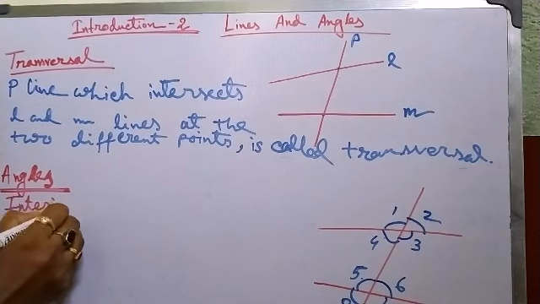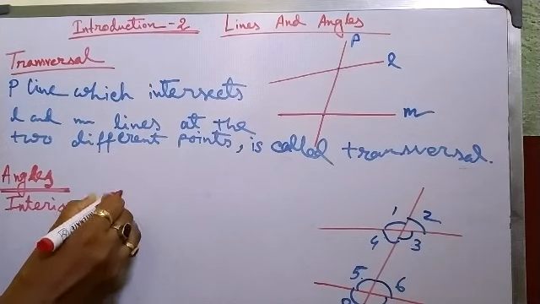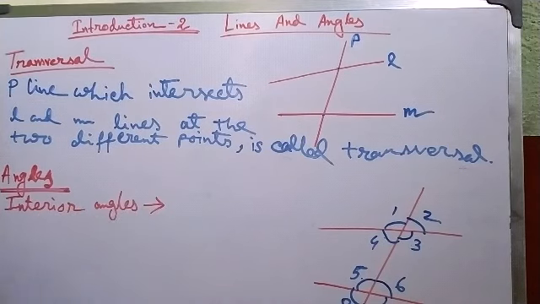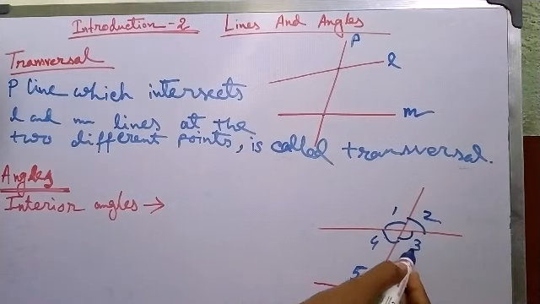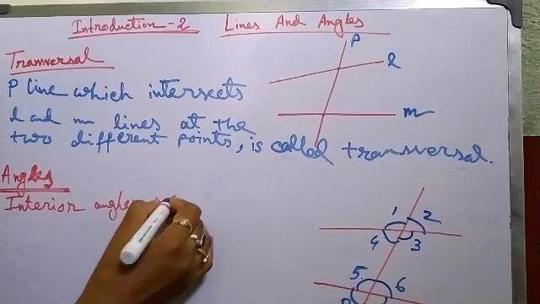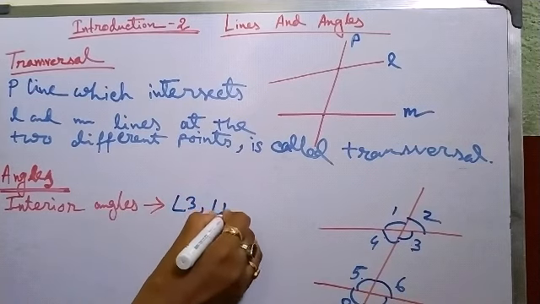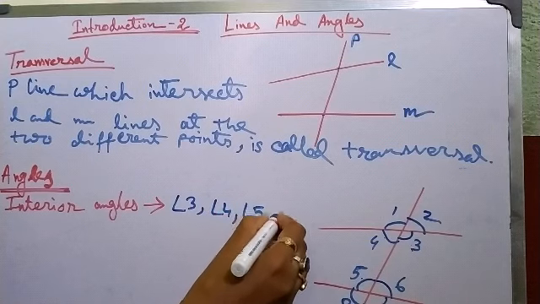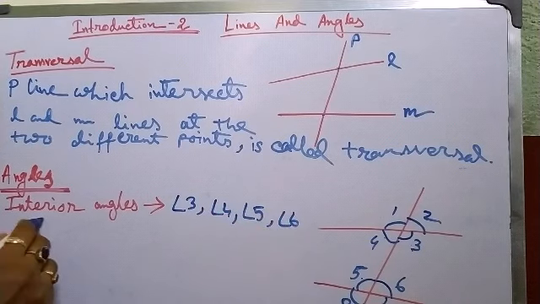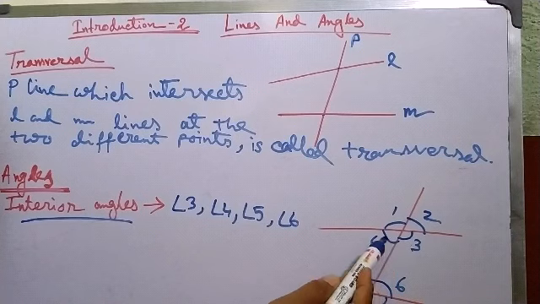Which are interior angles? Angle 3, angle 4, angle 5 and angle 6 are interior angles. Why? Because these angles are formed inside these two lines.